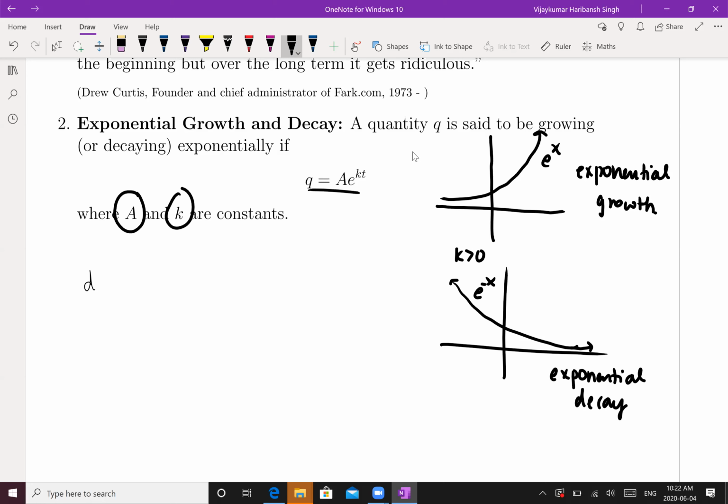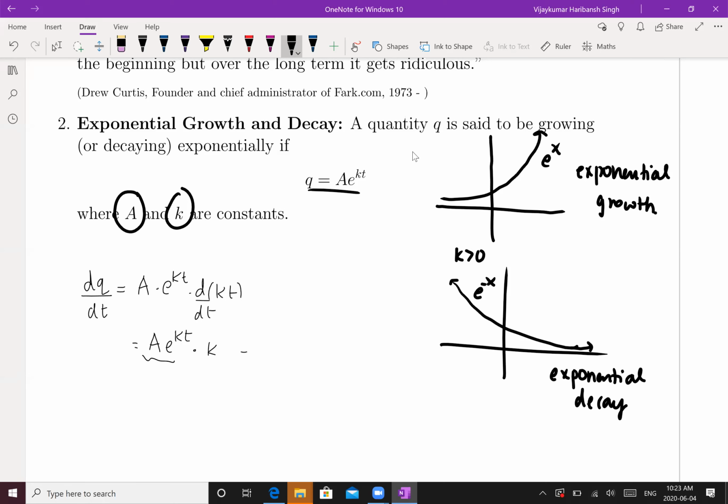We get dq by dt is a times, the constant comes out, derivative of e to the power kt is e to the power kt multiplied by d by dt of kt, chain rule. That is going to be a e to the power kt times k.